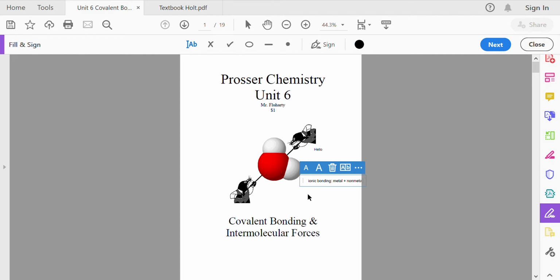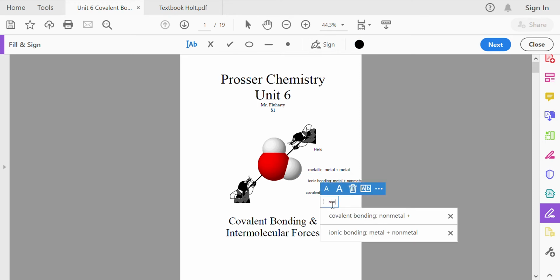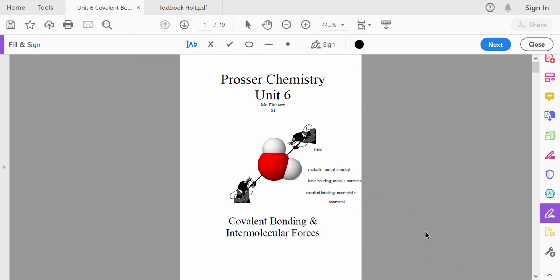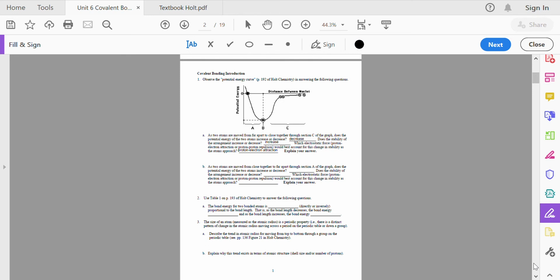And then finally, what we're talking about now is covalent bonding, which is a non-metal bonded with a non-metal. Okay, so let's get started. And I'm going to make that a little bit bigger if I can.